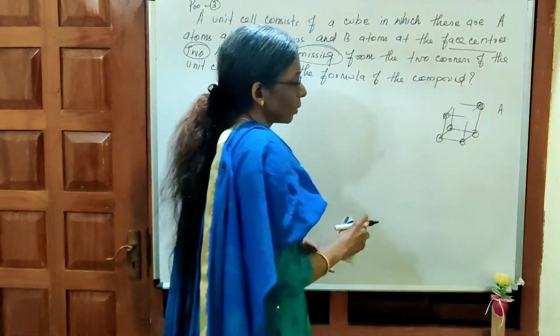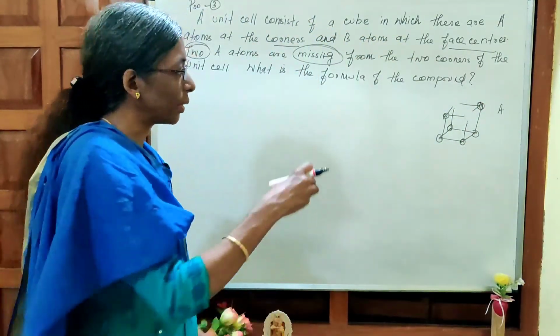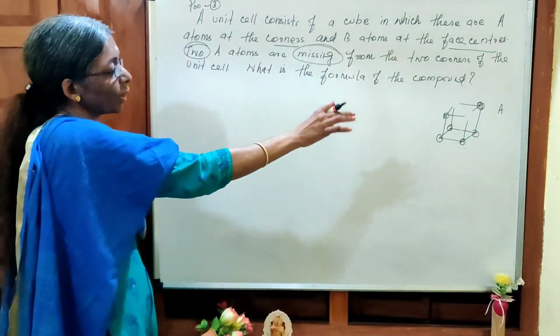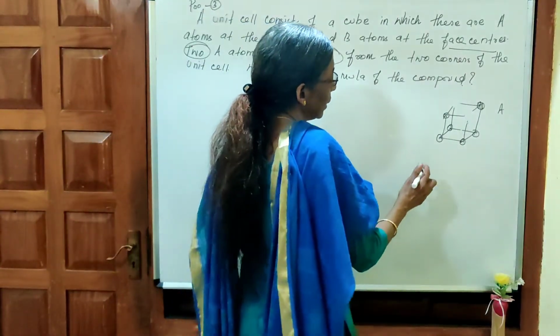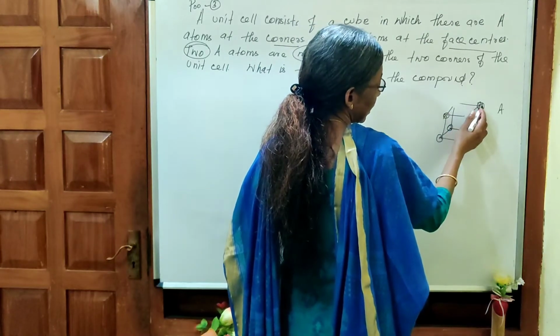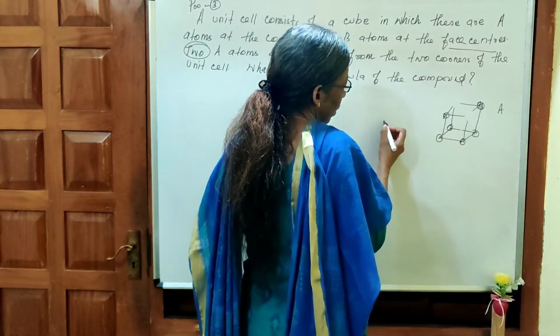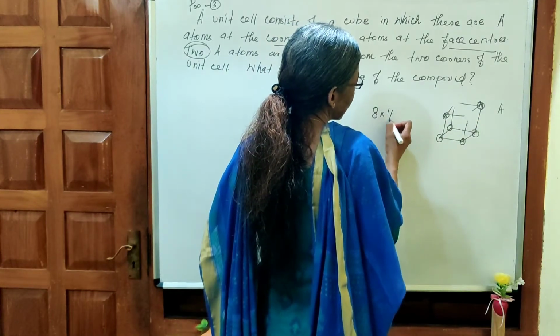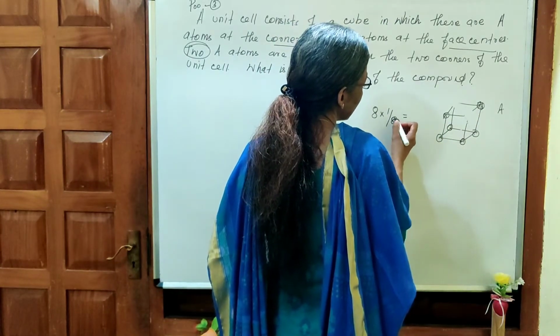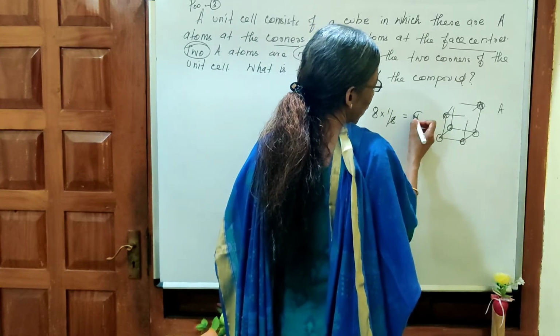Suppose, just for your understanding, we have removed them. In the problem it is given 2 A atoms are missing. So how many atoms are there? Normally 8 corners, 8 times 1 by 8, we get 1.